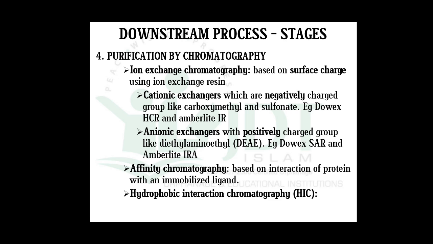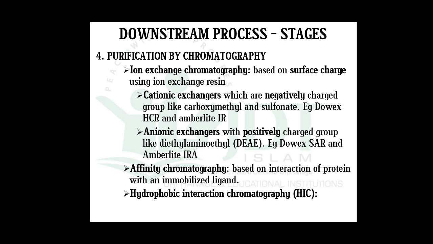Cationic exchangers have negatively charged groups like carboxymethyl and sulfonate. Examples are Dowex HCR and Amberlite IR. An anionic exchanger with positively charged groups like diethylaminoethyl, or DEAE, can be used. Examples are Dowex SR and Amberlite IRA.